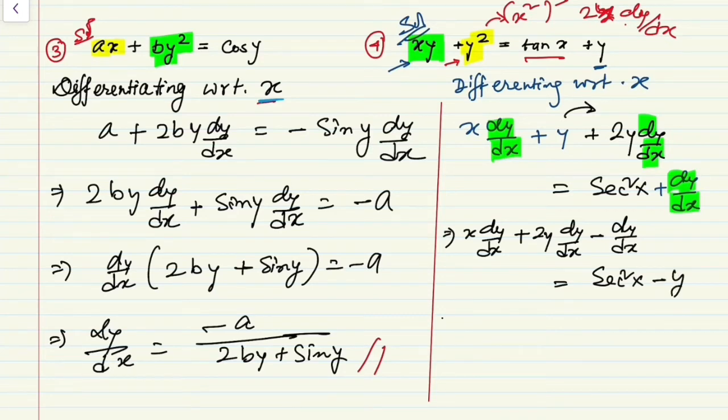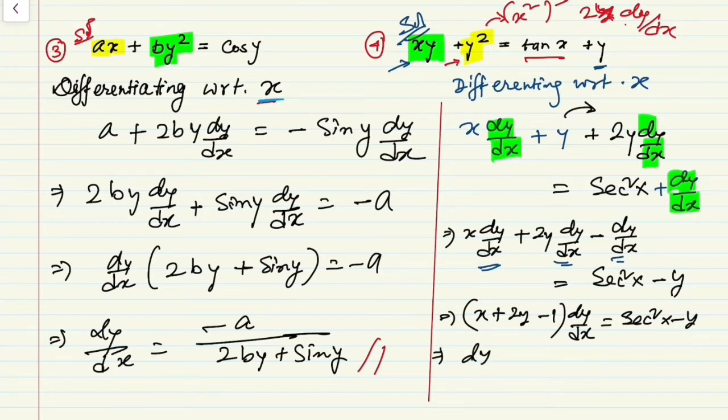Then take this dy by dx common, and you will get x plus twice y minus 1 times dy by dx is equal to sec square x minus y. That implies dy by dx is equal to sec square x minus y by x plus twice y minus 1.